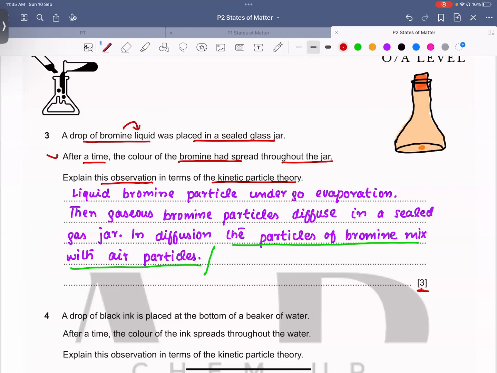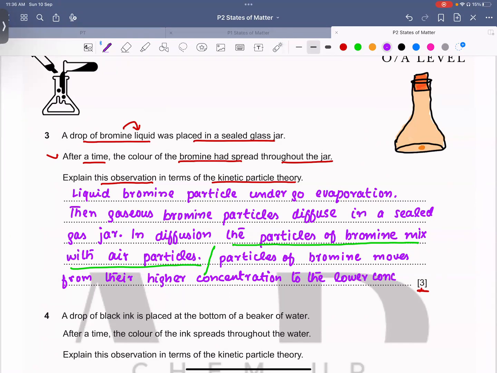Instead, you can write over here that in diffusion, particles of bromine move from their higher concentration to the lower concentration. Is this clear now?